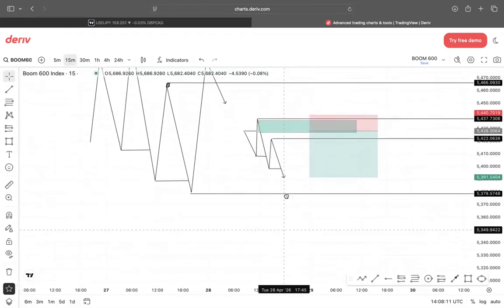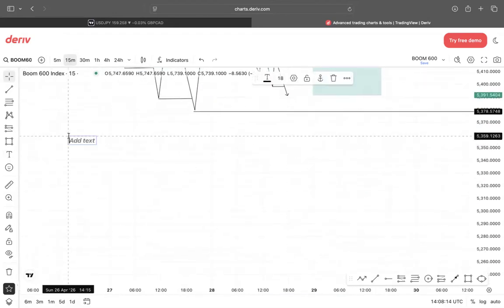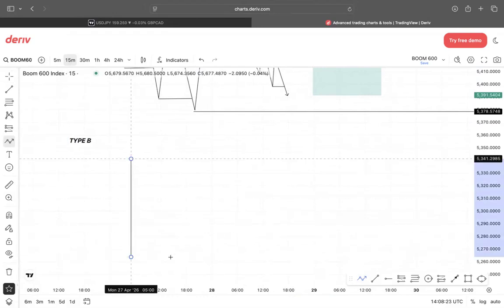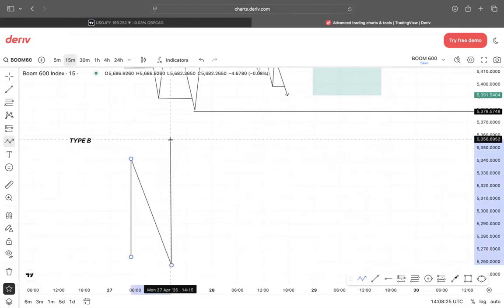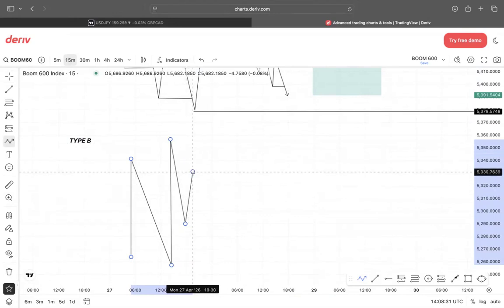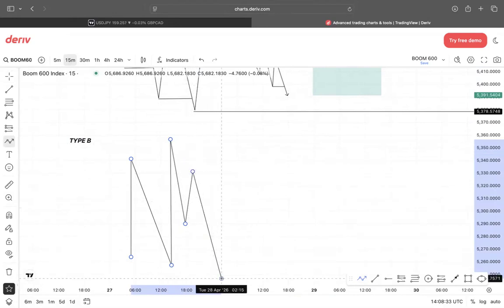And we know we have the type B of my setup. So for the type B, just a slight difference. We have a sweep like this, and then structural liquidity has to form first before the break of structure. So we have something like this, and then the break of structure.